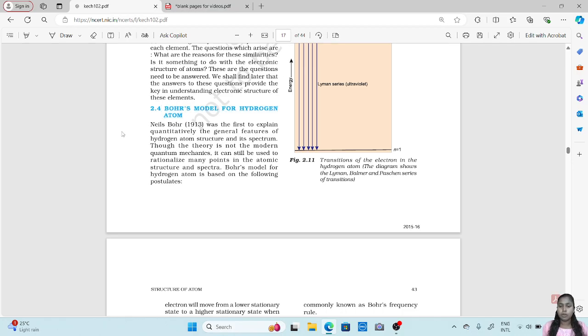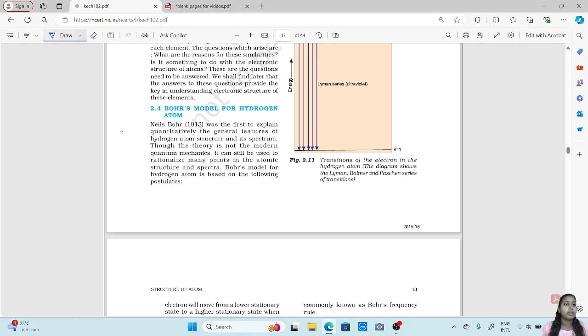So Niels Bohr was the first to explain quantitatively the general features of hydrogen atom structure and its spectrum.